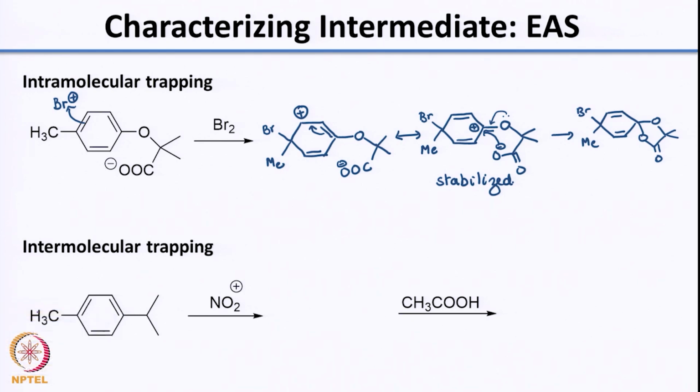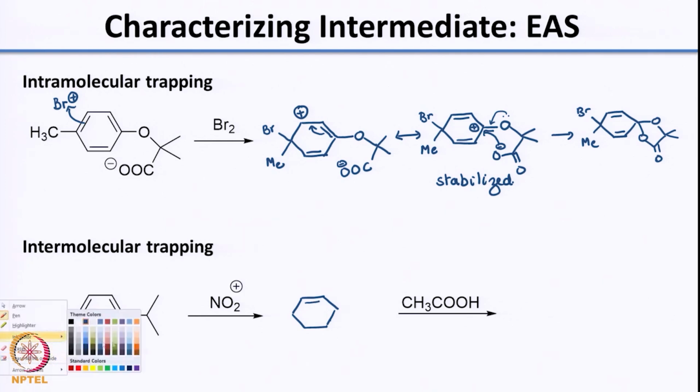So, let us check if your answer is correct. As in the earlier case, I am not going to write it again. I am going to directly write the structure of the stable intermediate.